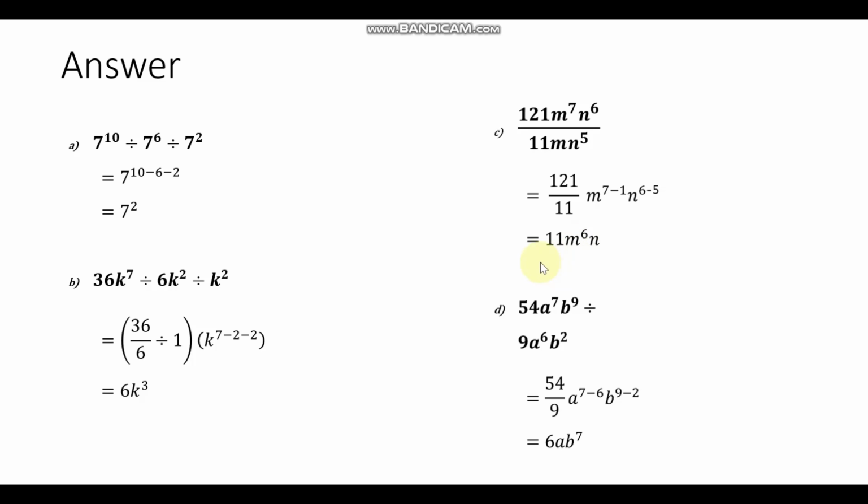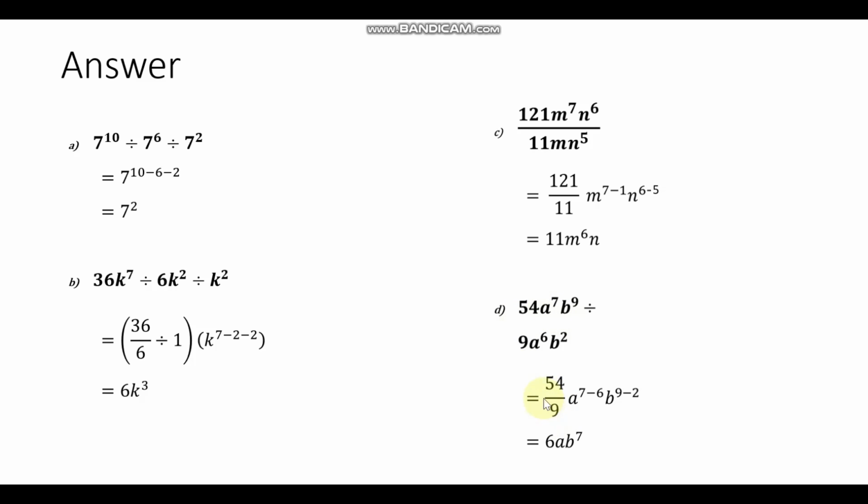Okay. For question 4, we have 54a to the power of 7 b to the power of 9 divided by 9a to the power of 6 b to the power of 2. So this question we have two bases, which are a and b.